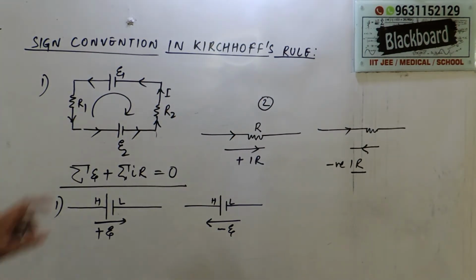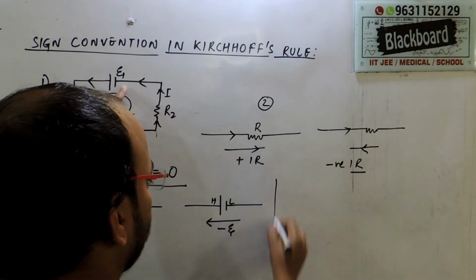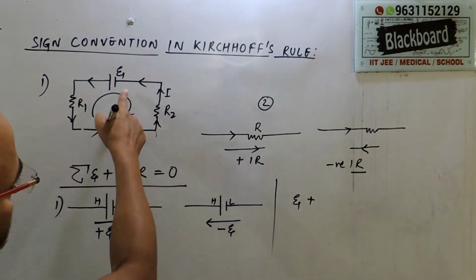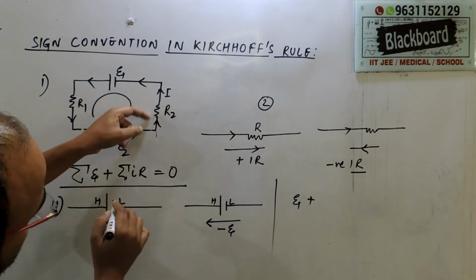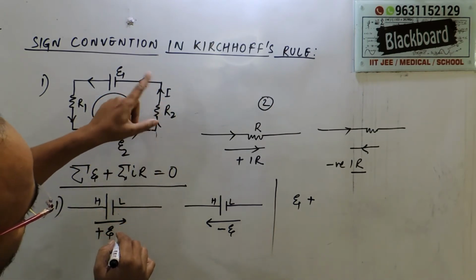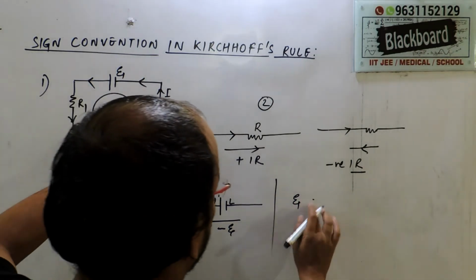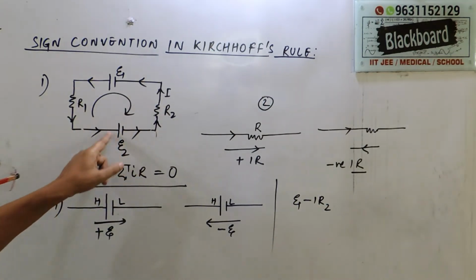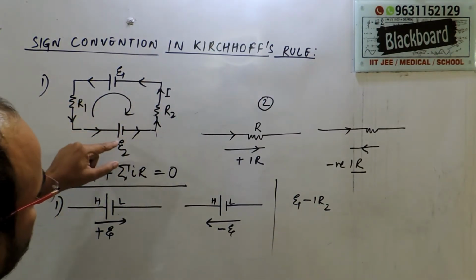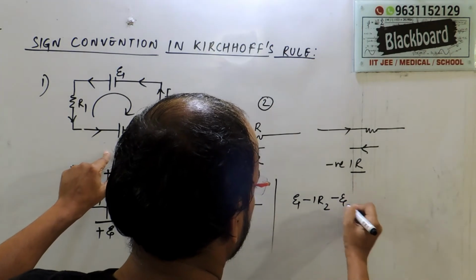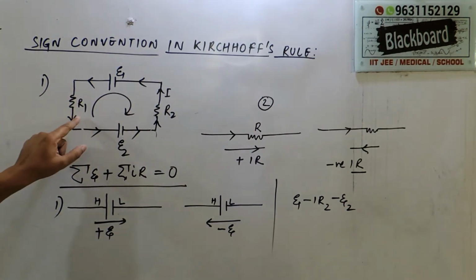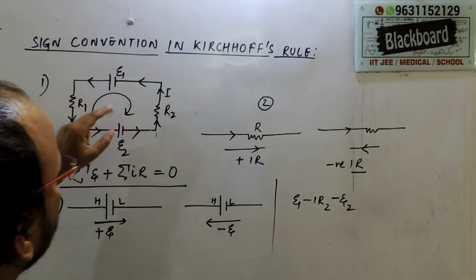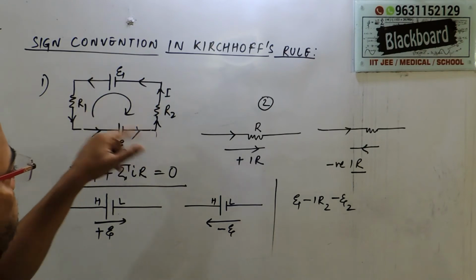Now apply. तो अप्लाई करते हैं. तो इसमें देखिए हायर टू लोअर, that means EMF will be positive, plus E1. तो फिर अब ऐसे जाएंगे. देखिए हमारा डायरेक्शन ऐसे है ये, और ये IR opposite डायरेक्शन में करंट कुछ इस तरह से जा रहा है, तो ये नेगेटिव हो गया. That means you have to write minus IR2, and here lower to higher, that means minus E2, and this is here again. देखिए करंट का डायरेक्शन डाउनवर्ड है, हमको जाना होगा अपवर्ड, जो हमने पाथ लिया है. आप क्लॉकवाइज एंटी क्लॉकवाइज कोई भी ले सकते हैं, अकॉर्डिंगली चेंज होगा उसका.